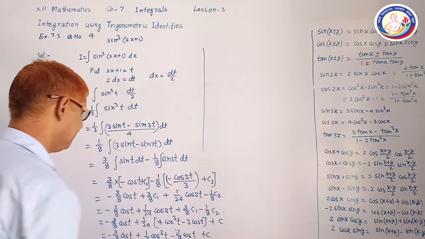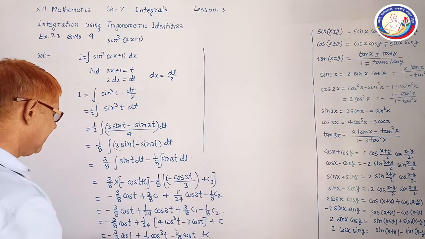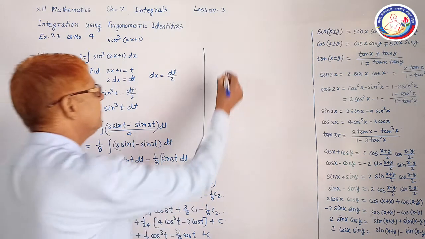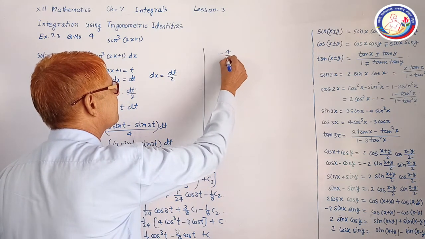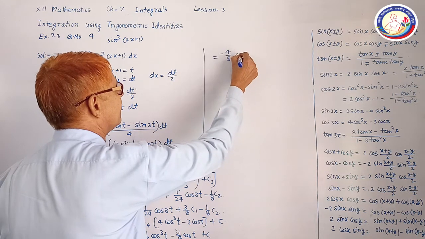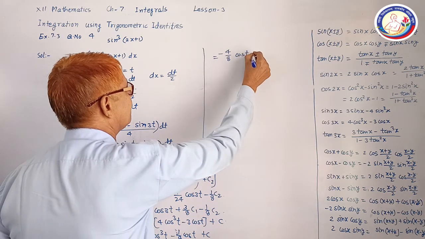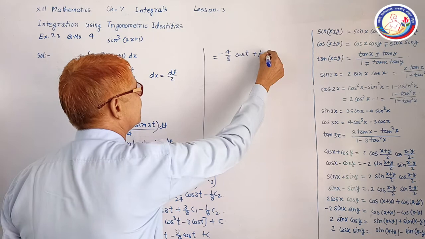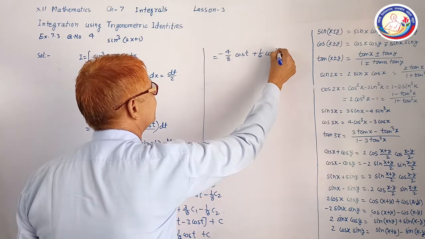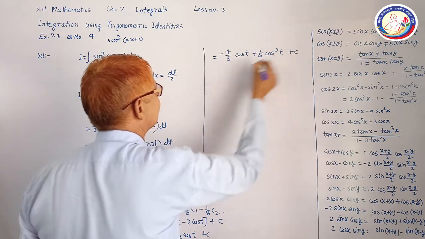On further simplification, minus 1 by 8 minus 3 by 8, it will be minus 4 by 8 cos t plus 1 by 6 cos cube t plus c.